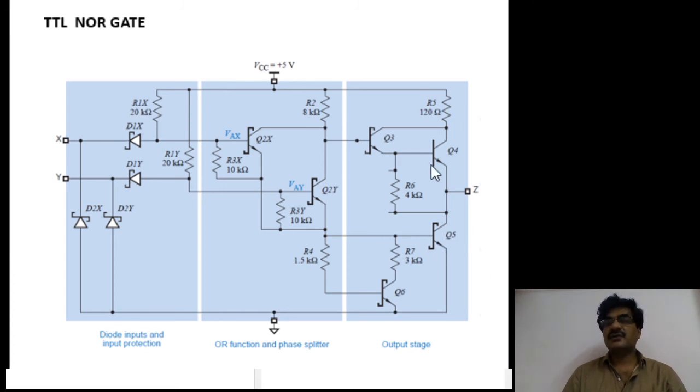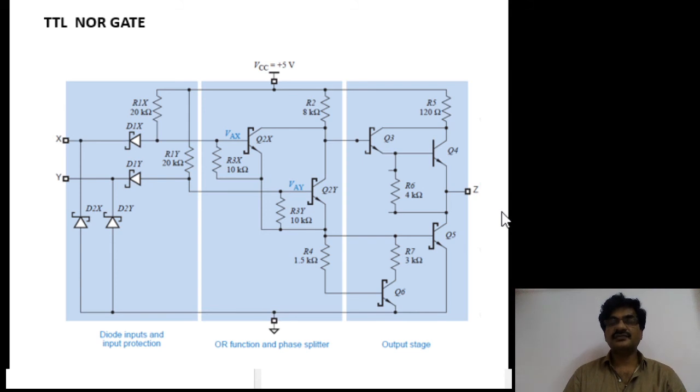At the same time, because Q2Y is off, almost 5 volts are available at the base of transistor Q3. Therefore Q3 is on and Q4 is also on. Now Q5 is open circuit, whereas Q4 is short circuit. Hence the output is across the open circuited voltage, which is very high, almost equal to 5 volts. Hence we get a logic 1 output.